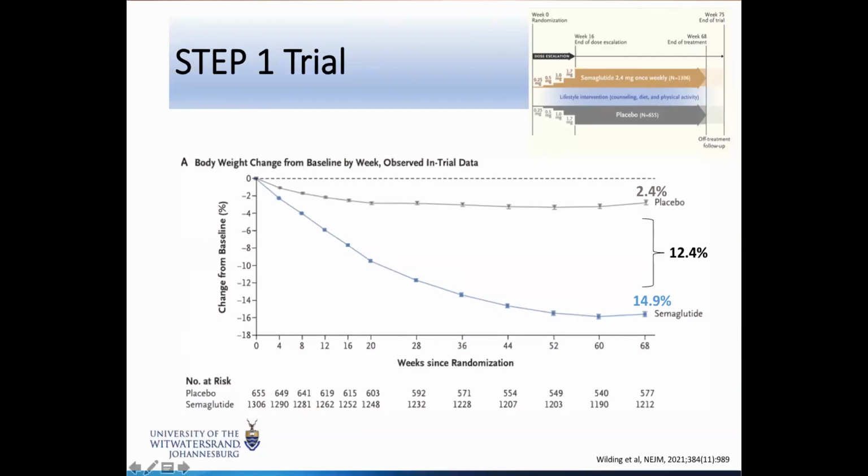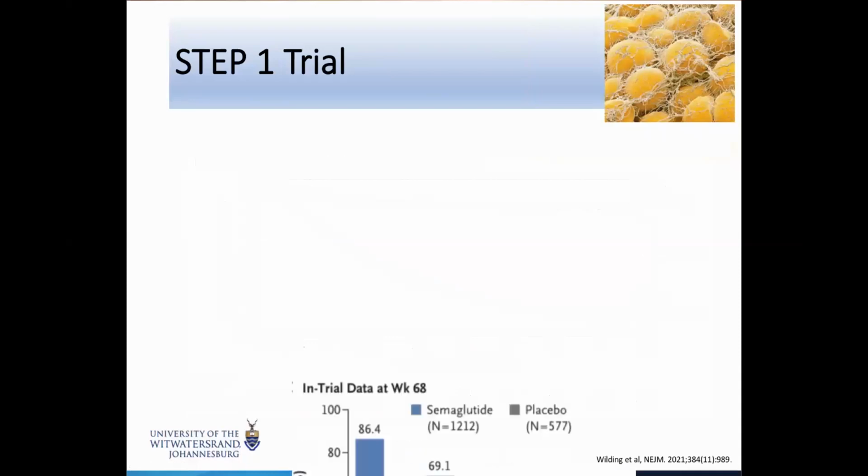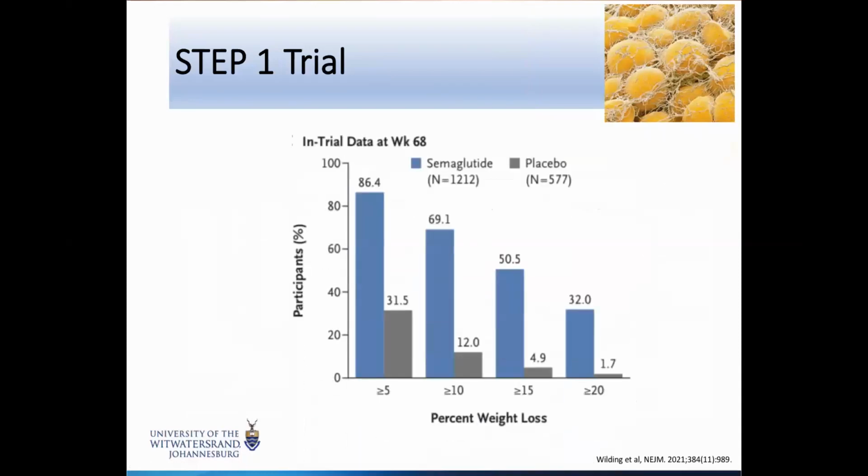So you can see that the mean body weight change after week 68 in the STEP 1 trial was 14.9%, with a treatment difference of 12.4% compared to placebo with lifestyle modification. Over 86% of the semaglutide group lost at least 5% of their body weight, compared to 31% in the placebo group.